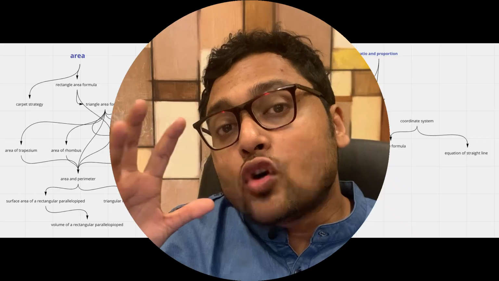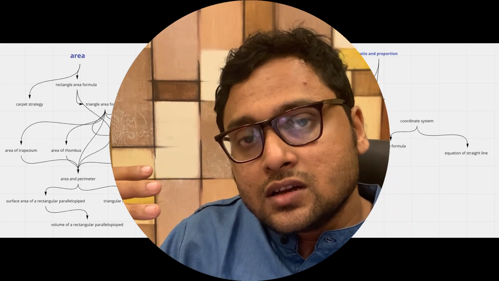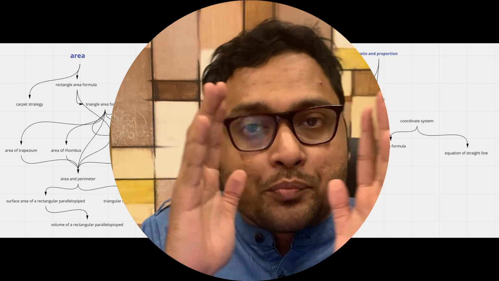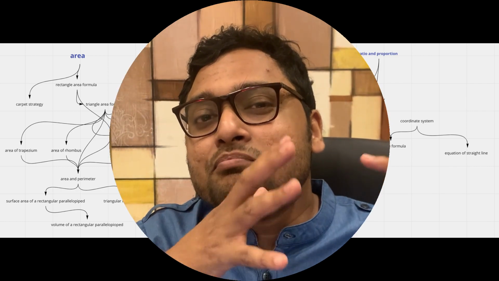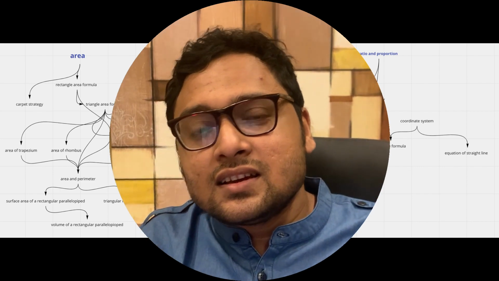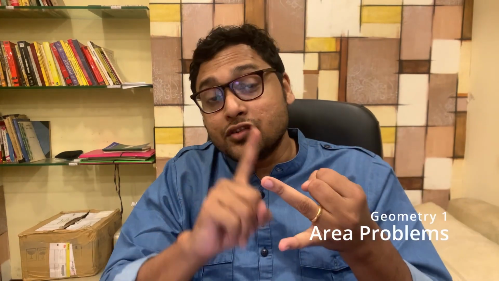The second thing is you have to also think about the concepts which are involved. So there are 4 broad areas. On the screen I have added a little map of these concepts. The 4 areas are area problems related to rectangles, rhombus, trapezium, and other forms of triangles and polygons and so on. There are volumes related to 3-dimensional figures. Sometimes they come up.